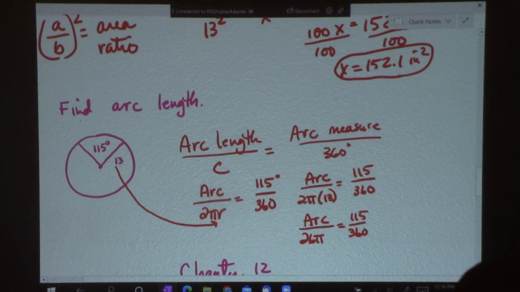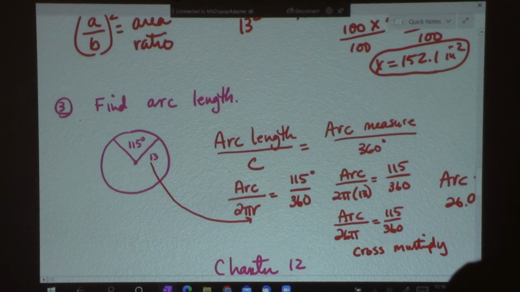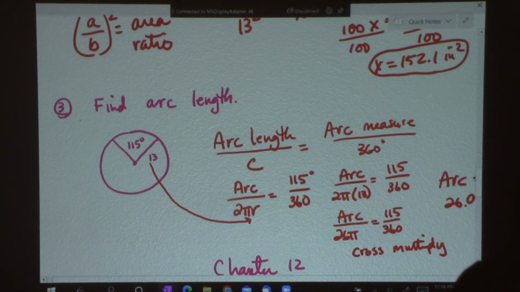And if I cross multiply and divide, I end up with an arc length of 26.09. So I cross multiply here. Okay, so that's how you do number 3. And if it was area, you would just use pi r squared, and you'd have the area of the section where the arc is.